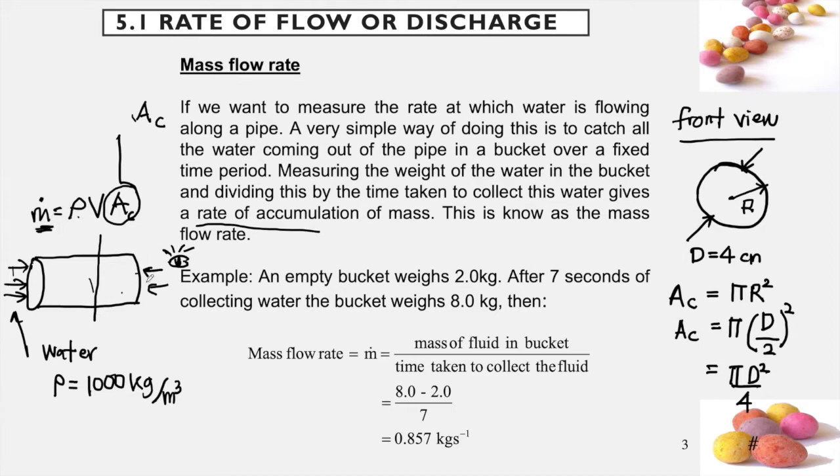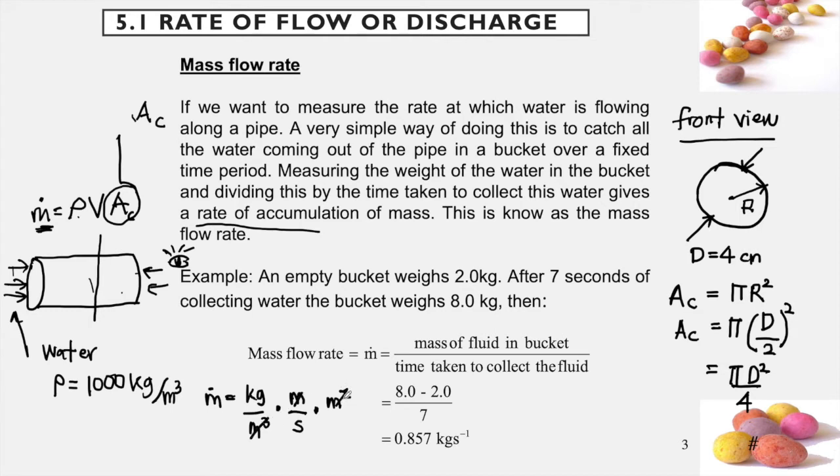So the mass flow rate unit is kilogram per second. When we substitute the units, density is kilogram per meter cubed, times velocity, meter per second, times area, meter squared.